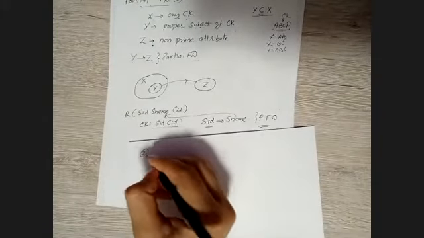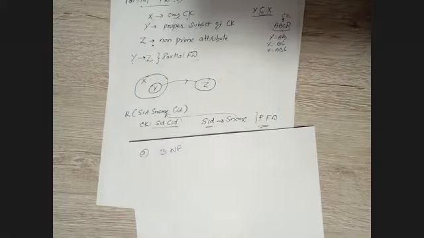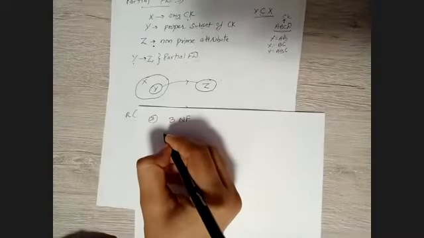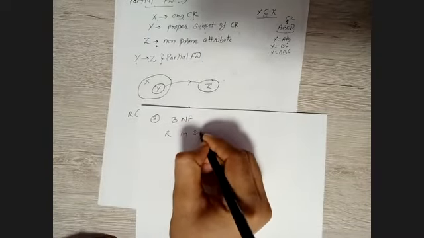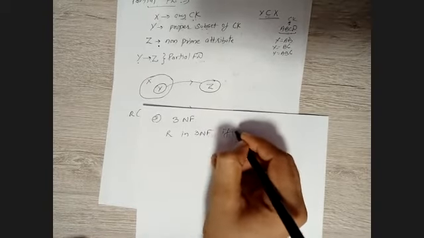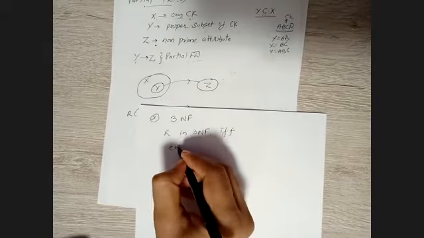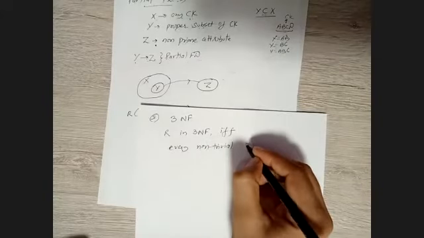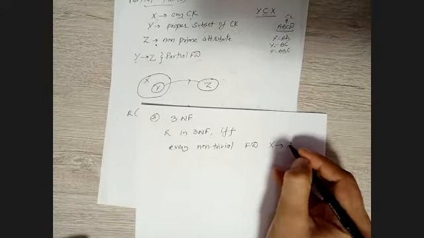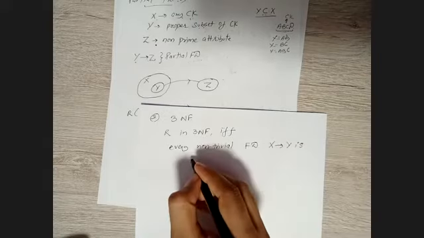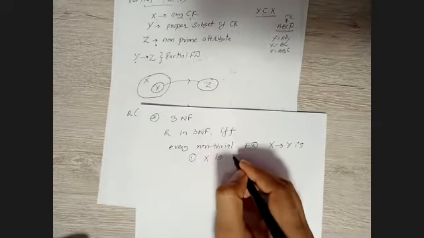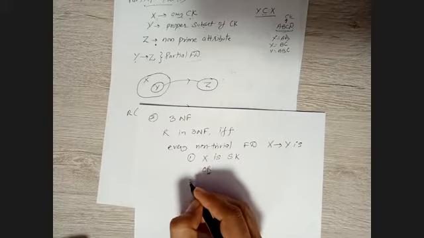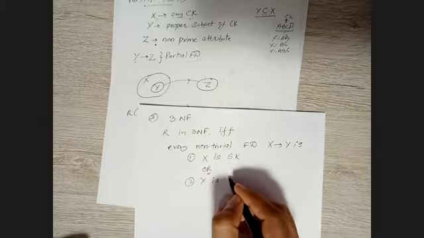Okay, so now let's move on to 3NF, third normal form. Understand, relational schema R is in 3NF if and only if every non-trivial functional dependency, let's say X determines Y, satisfies the first point: X is a super key, or, second point, Y is a prime attribute.